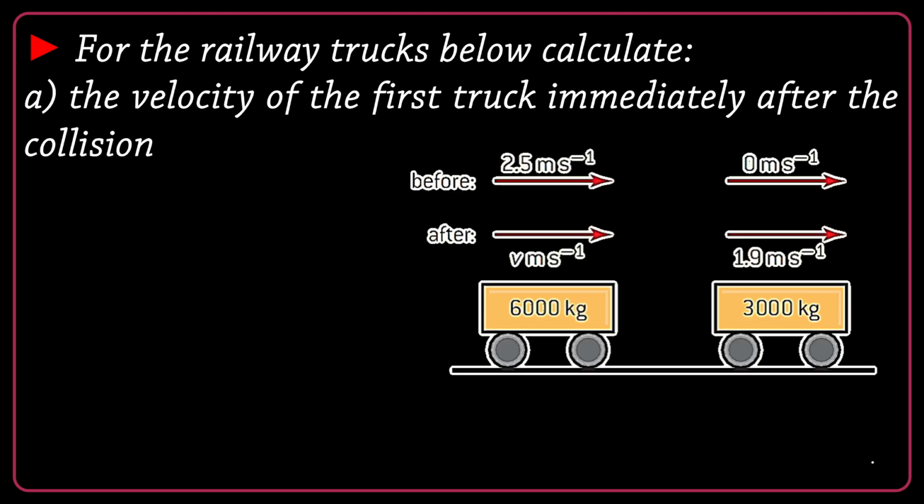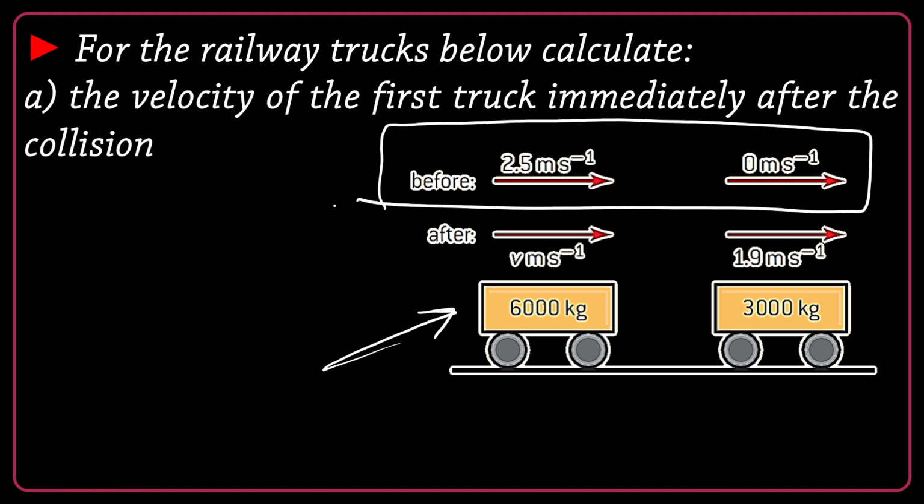Another question. Let's consider the railway tracks below. Here I have a railway cart of mass 6,000 kilogram, and the other is a smaller one, half of this mass, 3,000 kilogram. Initially, the lighter one is at rest, but let's say this is A. A is moving at a velocity of 2.5 meter per second to the right.